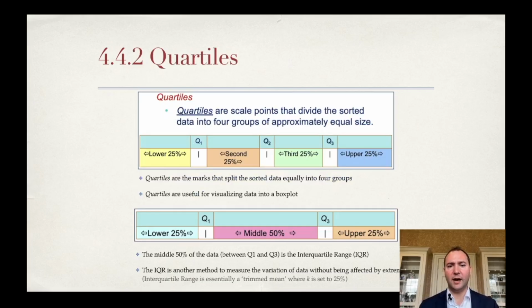So what about quartiles? Quartiles are scale points that divide the sorted data into 4 groups of approximately equal size. So the bottom 25% of your data falls between the minimum of your data and your first quartile, Q1. Quartiles can also be very useful for visualizing data in a box plot.